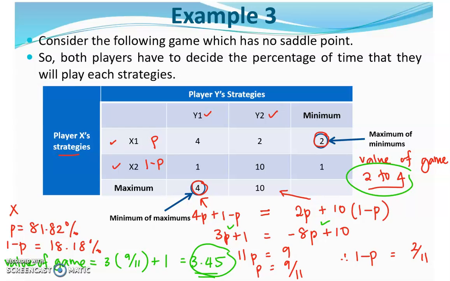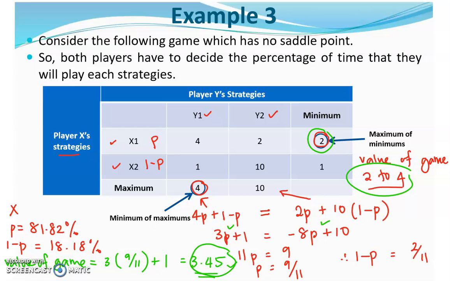And using this mixed strategy, player X and player Y have obtained a better result compared to the previous value of the game. For example, previously, if you look here, for player X the outcome was 2, but now he can increase to 3.45.